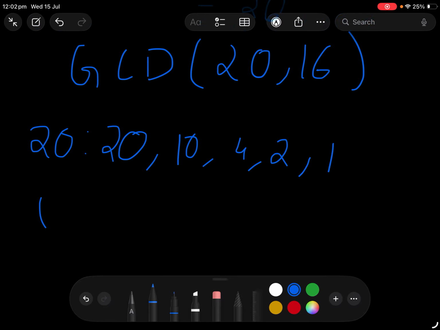Similarly, 16 can be divided by 16 itself, by 8, by 4, 2 and 1.